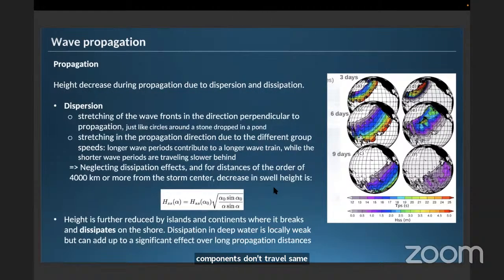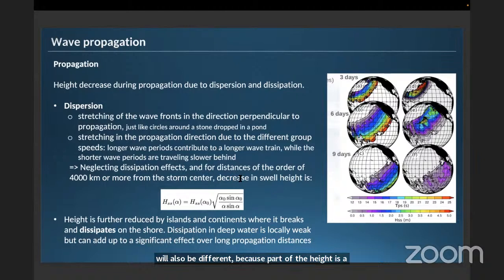So it's important to remember that different wave components don't travel at the same speed. Then there is also dispersion of the waves associated to this different velocity in propagation, but also we have some impact on the height of the waves. Because we have a dispersion of the different wave systems, the height will also be different, because part of the height is associated to each component of the waves.